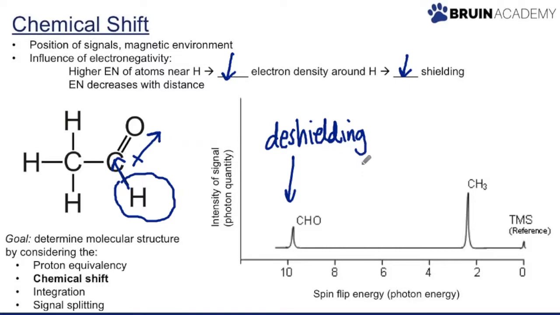So I just try to remember it by deshielding leads to it being more naked and bare, so now it's more susceptible to influences externally, and so this causes a greater chemical shift. Okay, so deshielding is down here. This is downfield in the NMR spectrum, and here we have less deshielding, so this means that it doesn't shift as far. So chemical shift again is just how far along it moves on the x-axis.